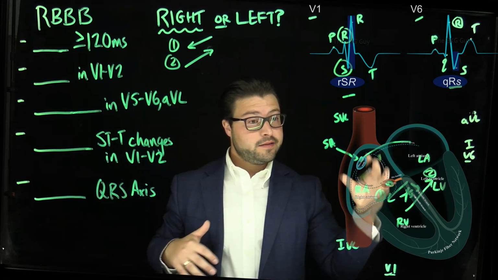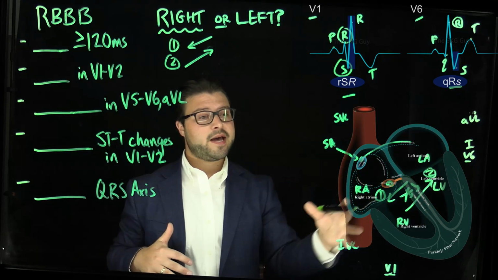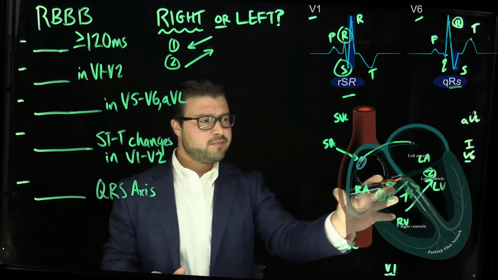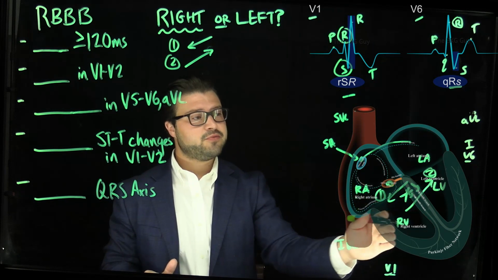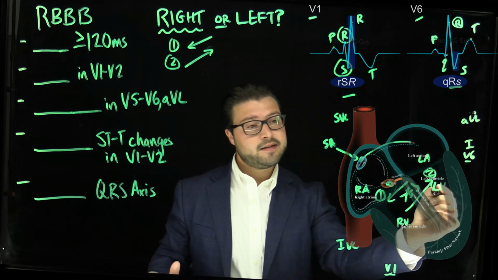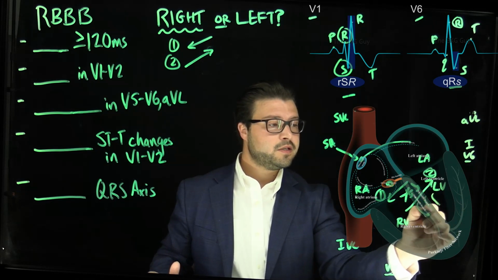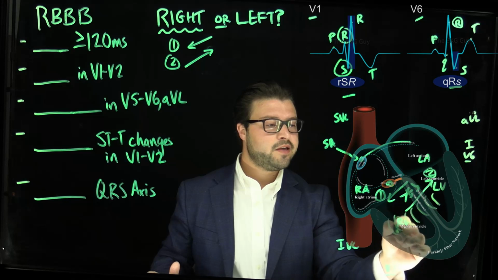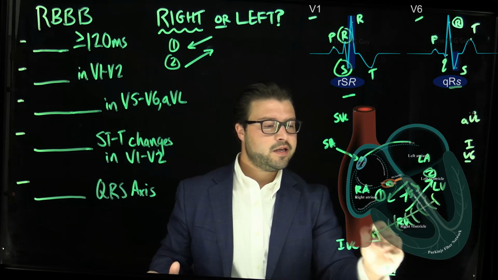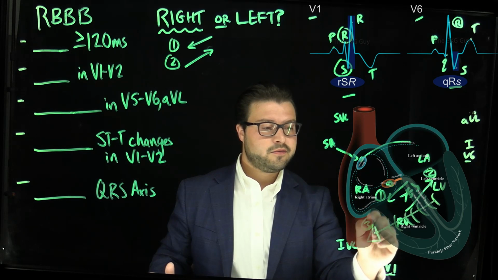And finally, the left ventricle has now depolarized, and now it has to come back and depolarize the right ventricle. Because remember, conduction could not pass through that right bundle branch. And so as conduction comes from the left side of the heart, the left ventricle to the right, you have this slow cell-to-cell depolarization wave coming here and depolarizing the right side of the heart, the right ventricle.